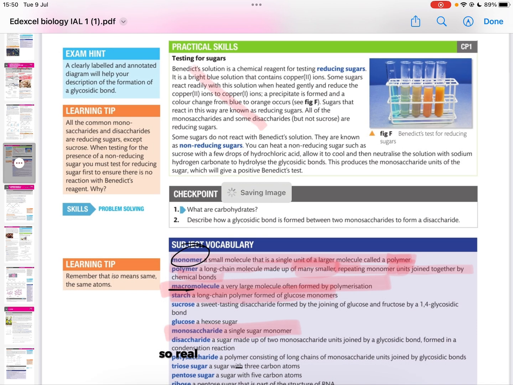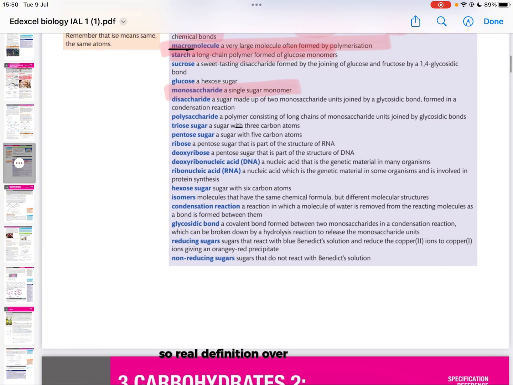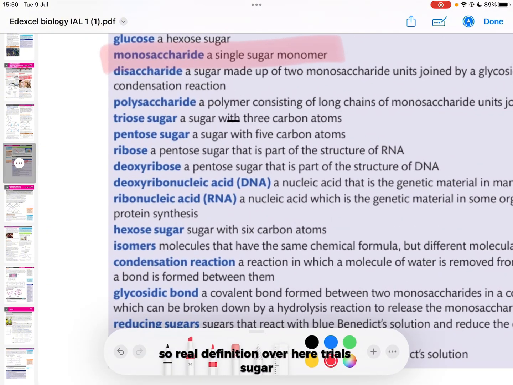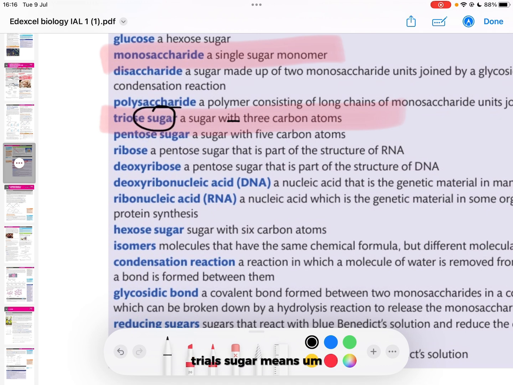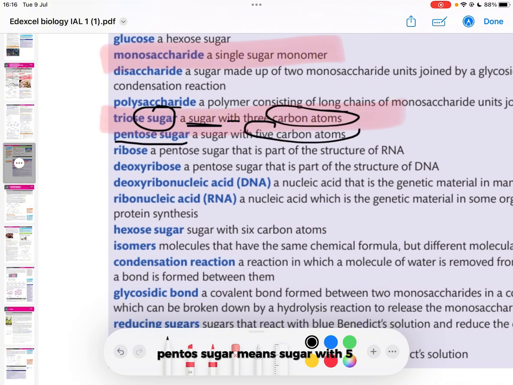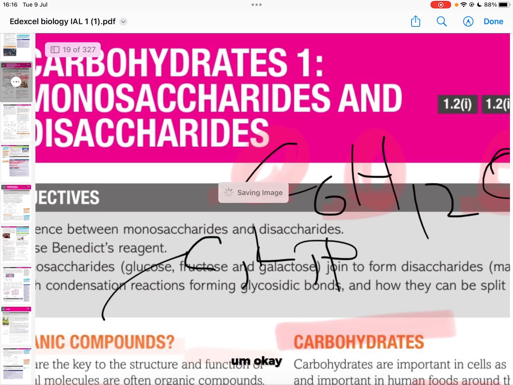So, real definition over here. Triose sugar. As we said, triose is 3, pentose is 5, and triose sugar means sugar with 3 carbon atoms. Pentose sugar means sugar with 5 carbon atoms. Okay.